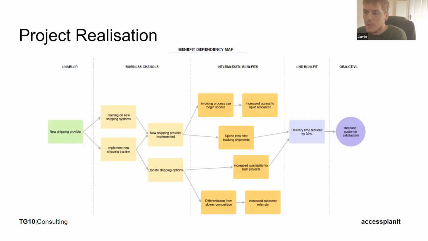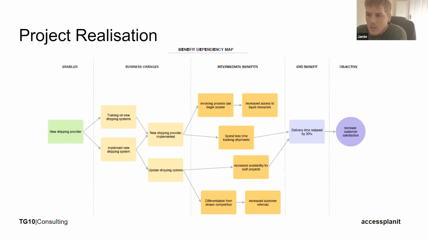So using something like a benefits dependency map can really assist with that. Identifying this up front, before we start implementing any kind of change, is a really beneficial tool as well, for everybody involved, and everybody who's going to be actively making those changes.